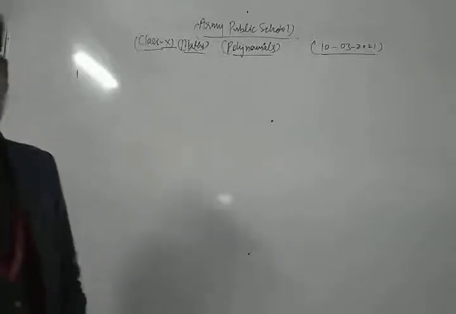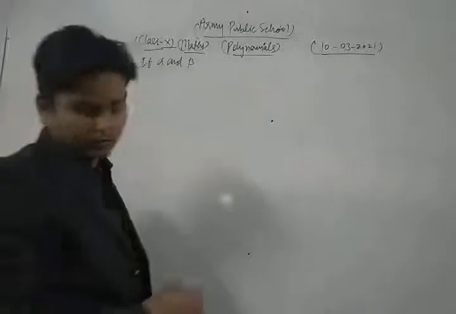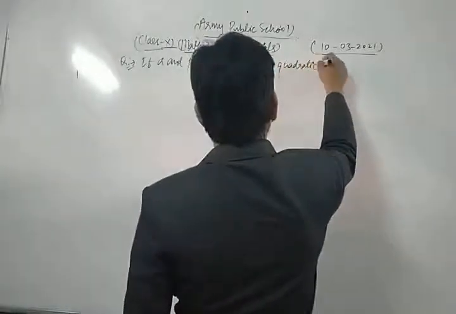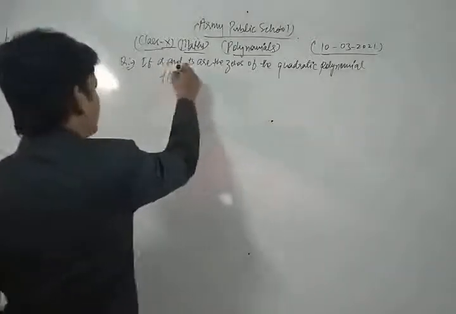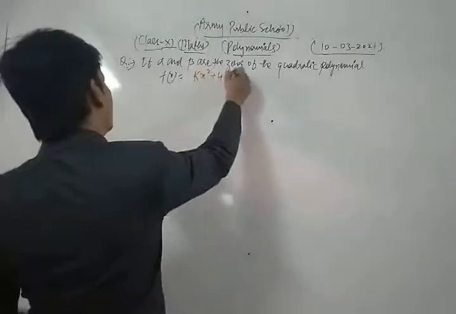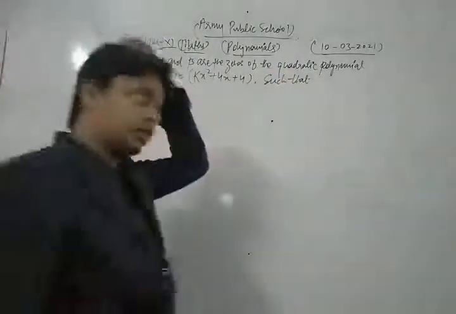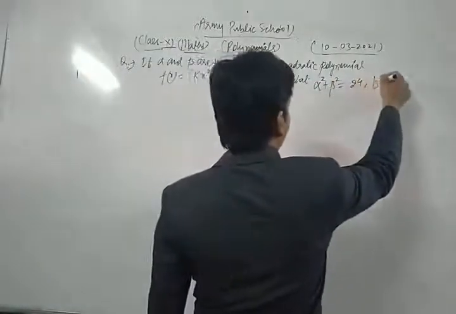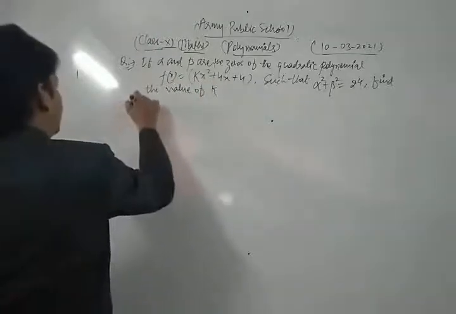Our question is: if alpha and beta are the zeros of the quadratic polynomial f of x is equal to kx square plus 4x plus 4, such that alpha square plus beta square is equal to 24, find the value of k. Now let's see its solution.